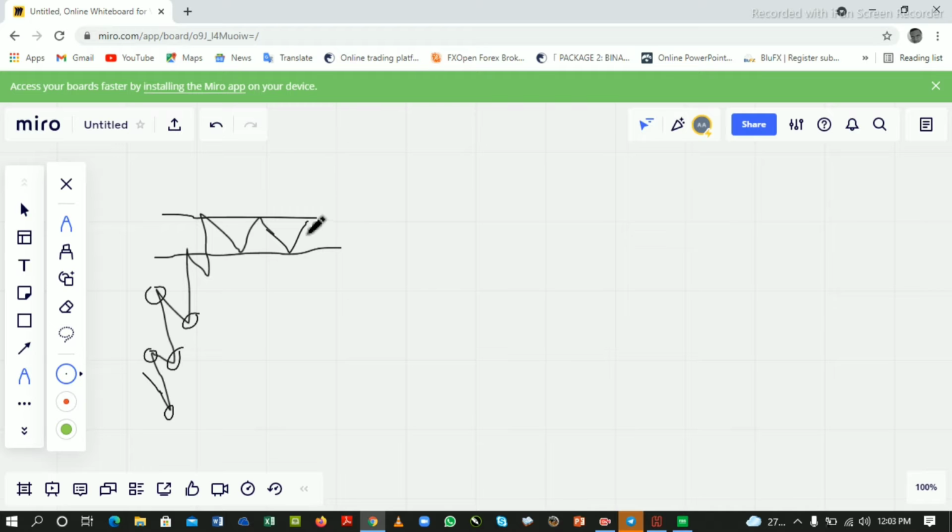So in most cases, you're going to see the market do like this. Okay, once this happens, it has formed what they call a lower high. Once you see this, you begin to look at a sell position. Okay, a sell position.